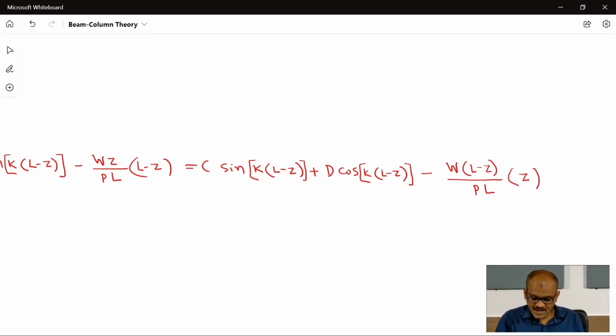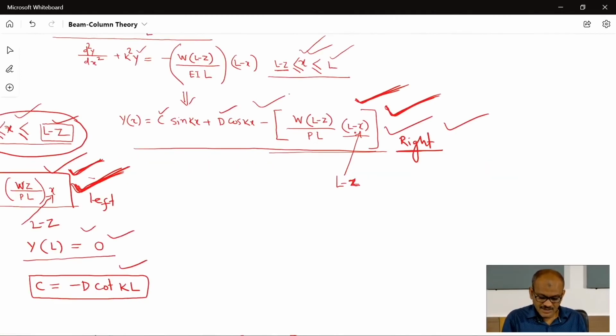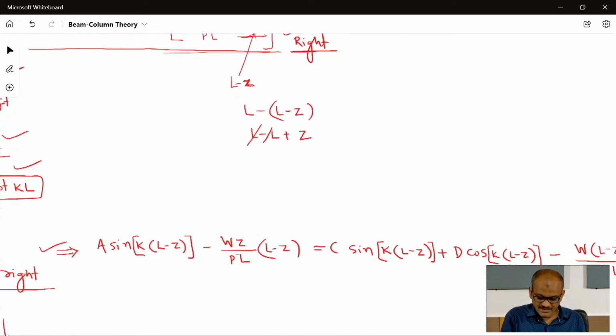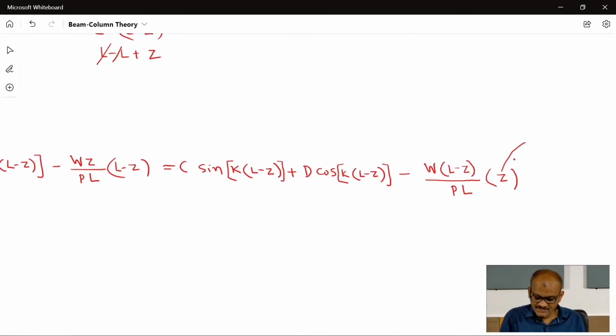This z comes, this was L minus x, isn't it? If you substitute x is equal to L minus z, this becomes L minus L plus z, so this becomes z. Because of that, this has come z.